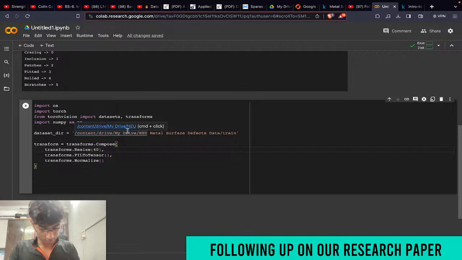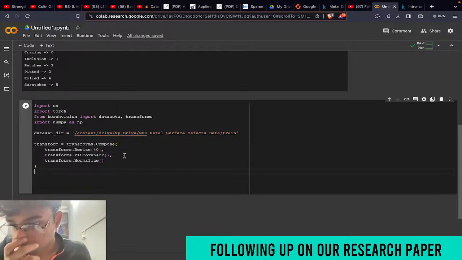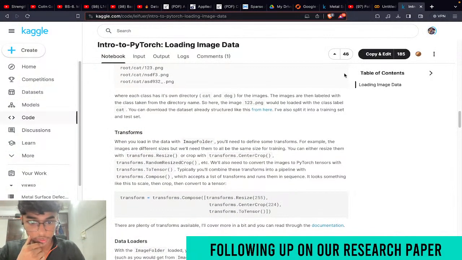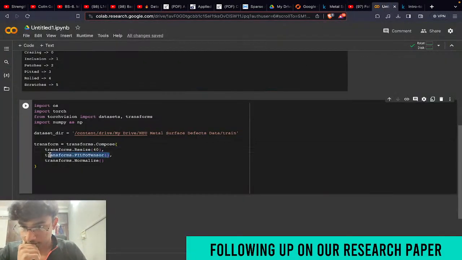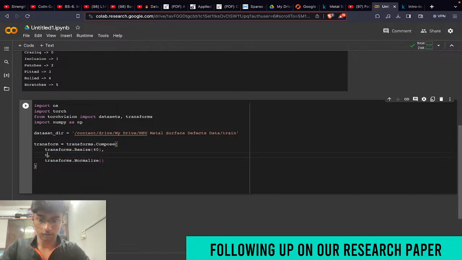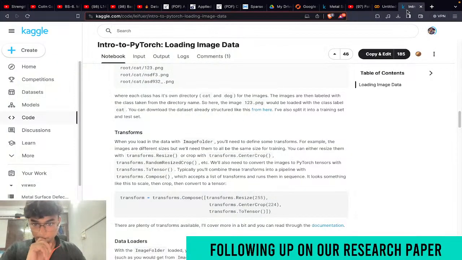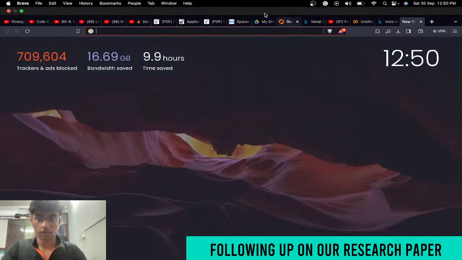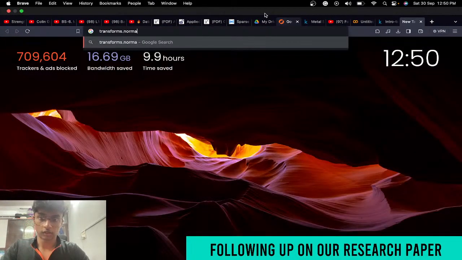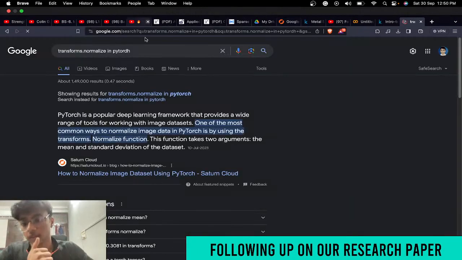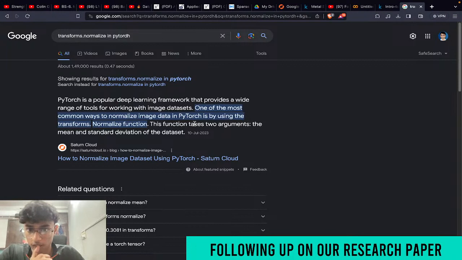So, transforms.Resize, that's what we'll be needing. We'll be needing transforms.ToTensor. And there was one more, transforms.Normalize. Yeah, transforms.Normalize does exist, right?